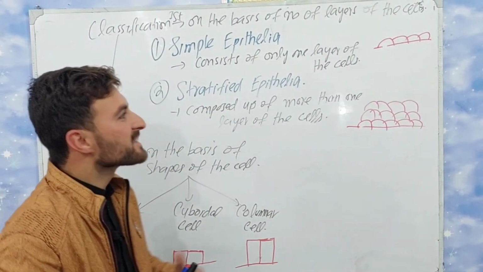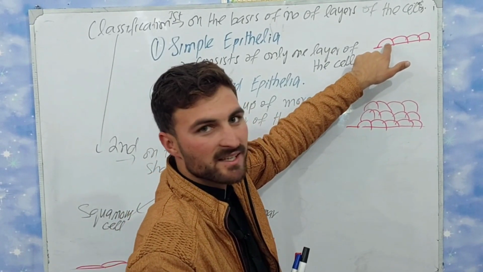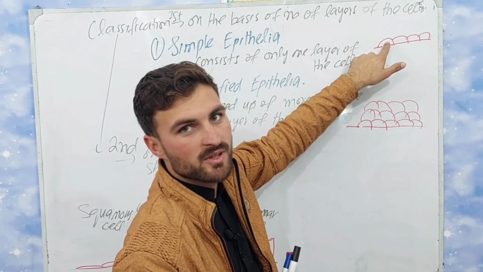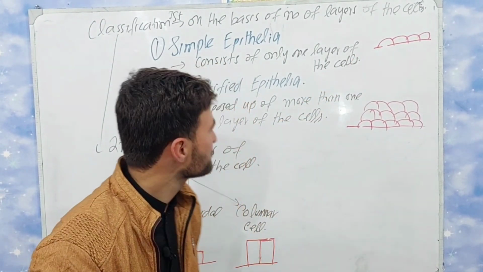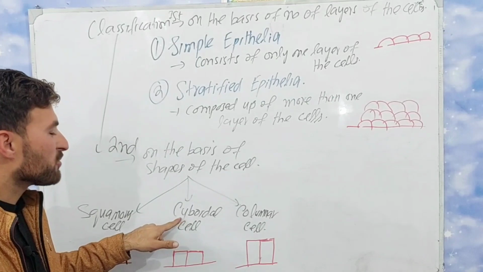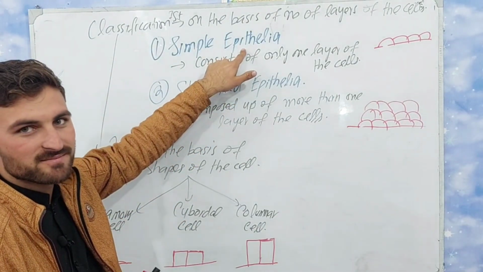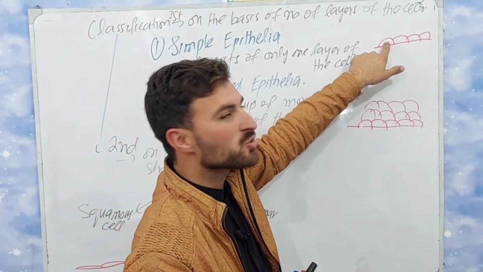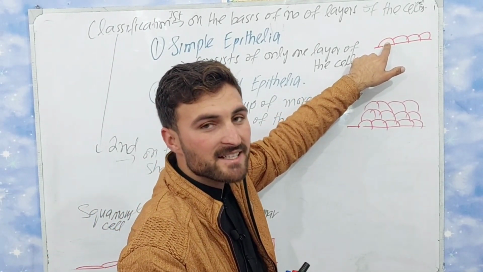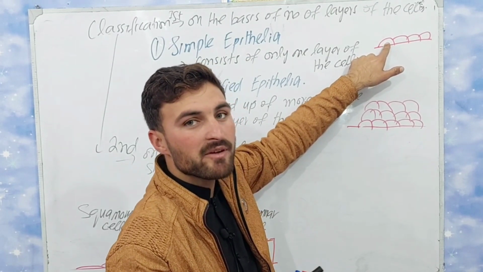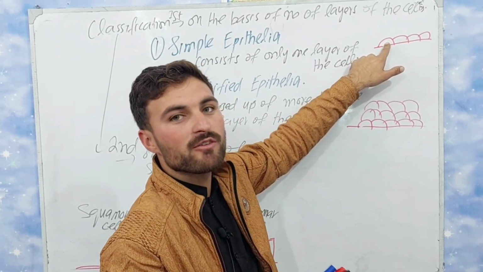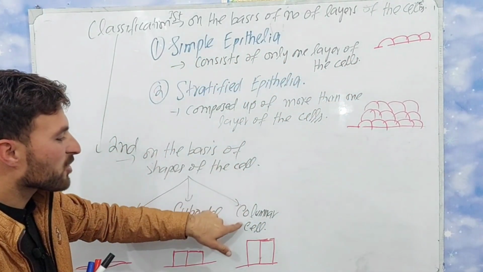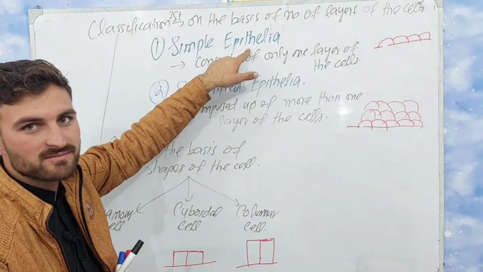Let's suppose this cell which is on the basement membrane looks like a cube, then we will call it simple cuboidal epithelia. And at last, if this one layer contains cells which have more height than width, we will call it simple columnar epithelia.